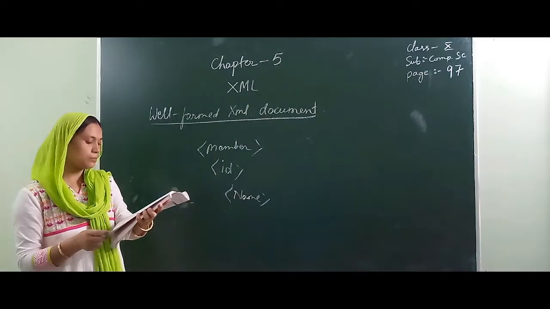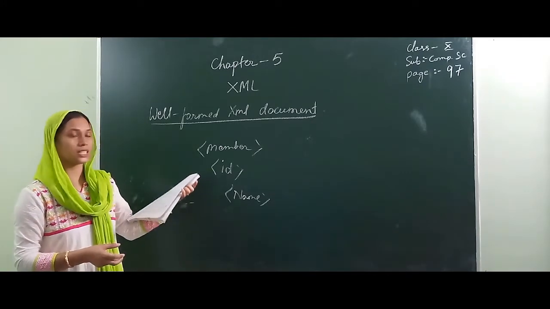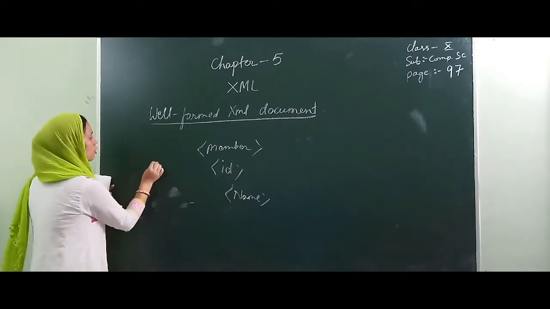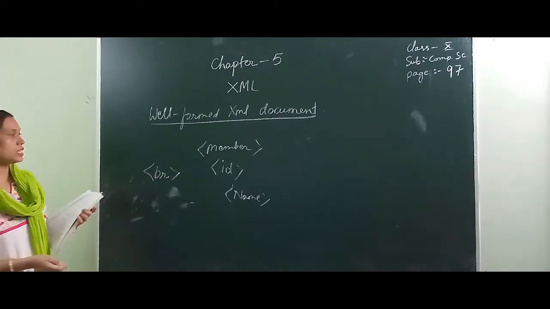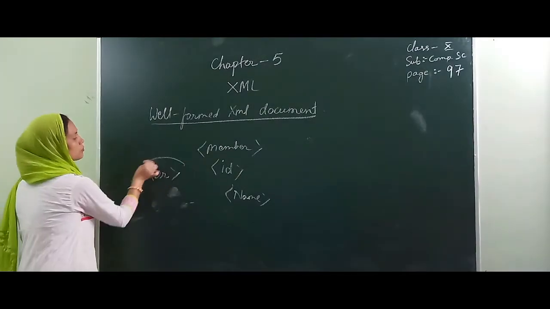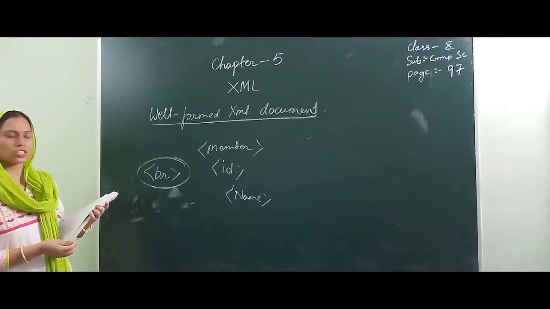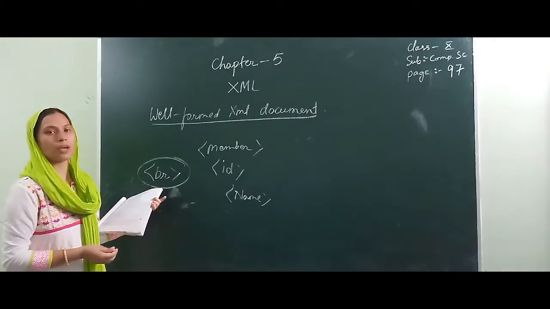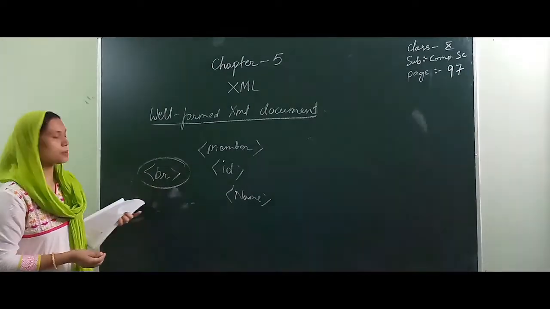Next point, all empty tags must be enclosed properly. That means in HTML you find that your BR tag is an empty tag. That means in the BR tag we have only the open tag, we don't have any end tag. In HTML, we just write only the BR tag. But here in the XML, that is not possible. Even in the XML, we have to close the BR tag.